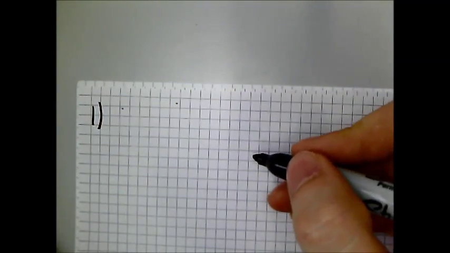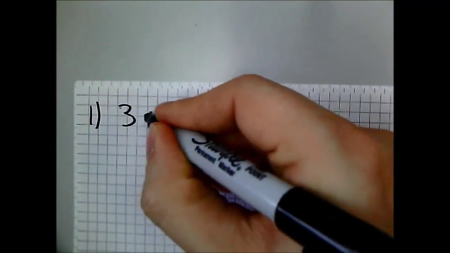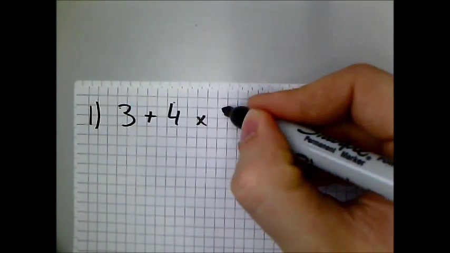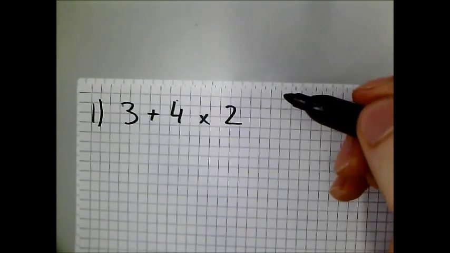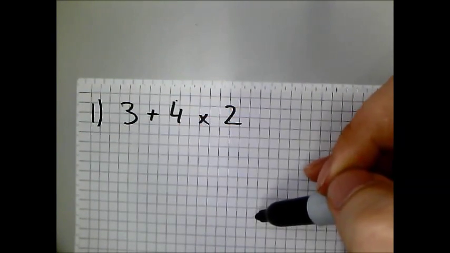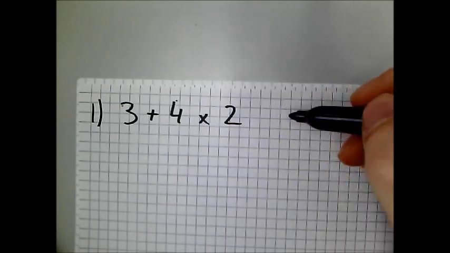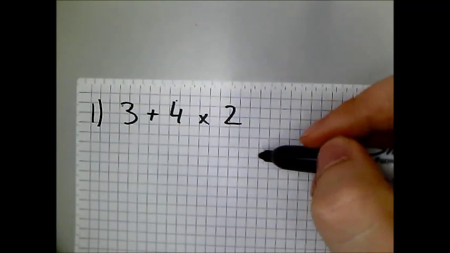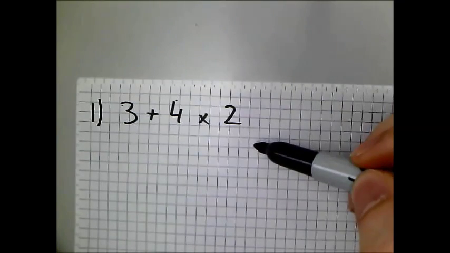Okay, so we are asked to find 3 add 4 multiplied by 2. It should start to look a bit like an inverse pyramid with no equal signs in there. So, look for any brackets, there aren't any. I look for any powers, there aren't any.